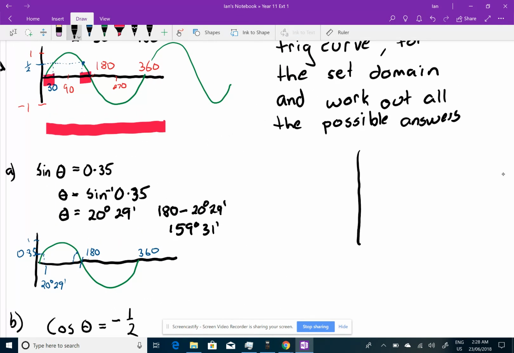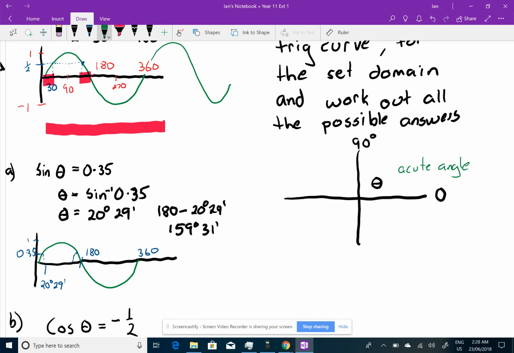And we'll do a little diagram to help us. So naught, and we'll go anti-clockwise because that's the configuration that we're going to use. If here we find the acute angle, and it doesn't matter about the sign because we need the acute angle to find all the other bits.